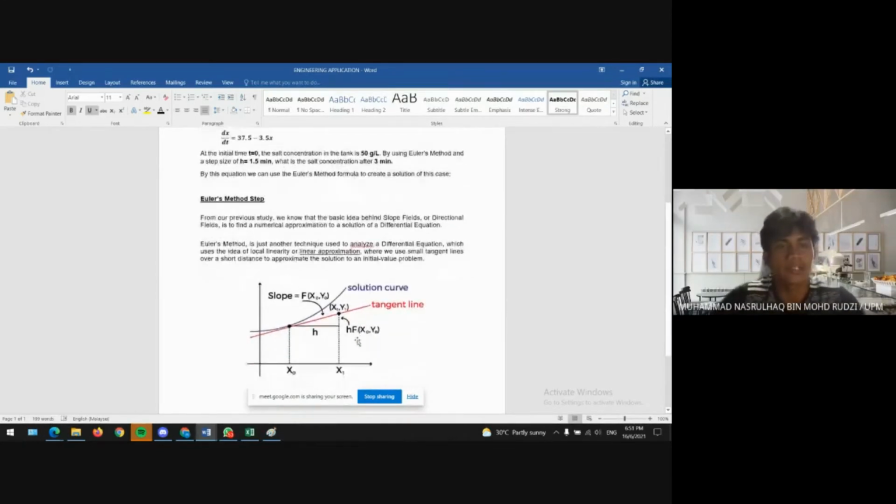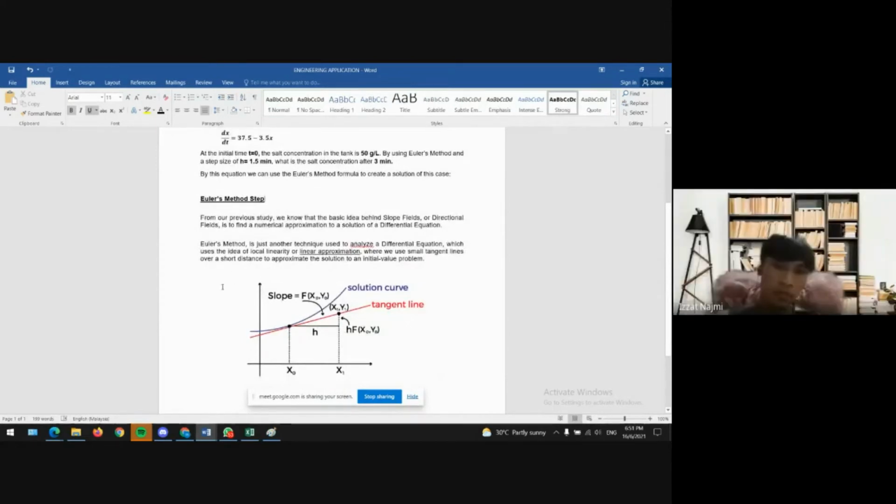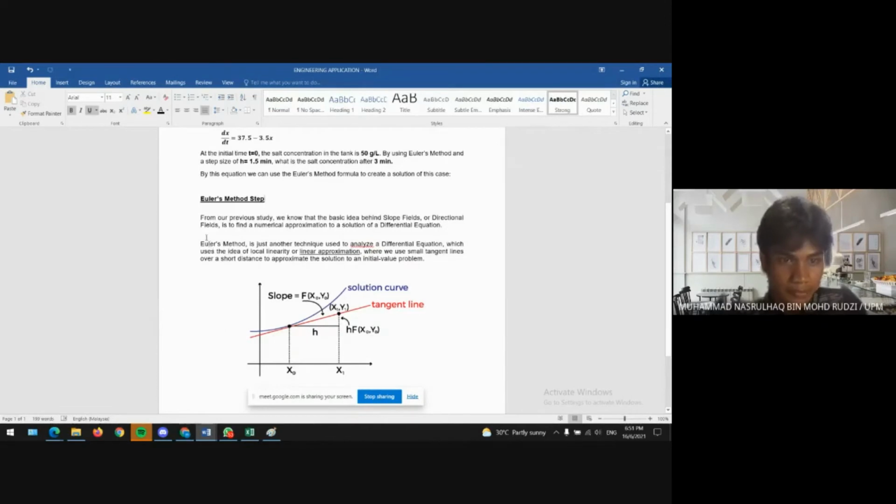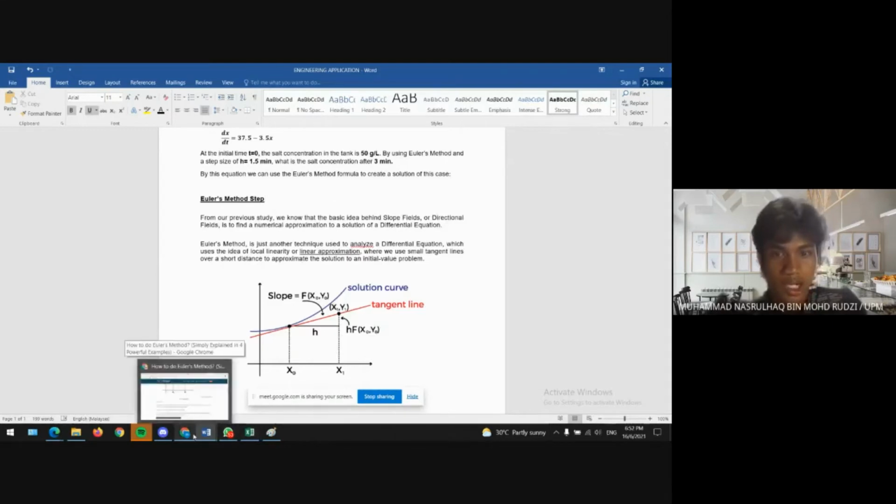The second part is about the Euler method steps that I want to explain a bit. From our previous study, we know that the basic idea behind slope fields, or directional fields, is to find a numerical approximation to a solution of a differential equation.